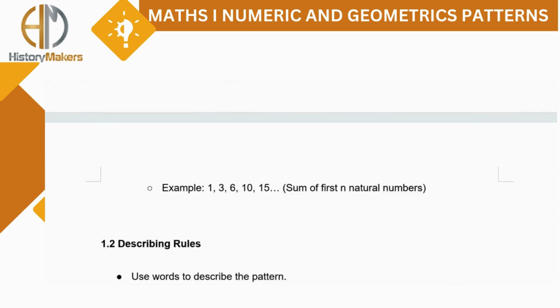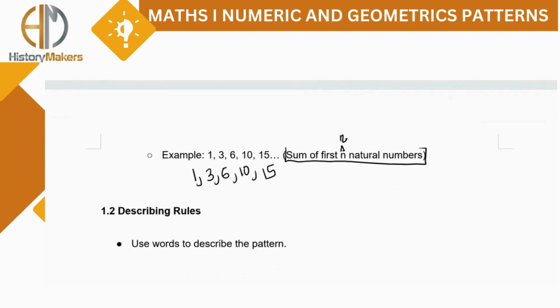For example, we have 1, 3, 6, 10, and 15. So here they found this by finding the sum of the first n natural numbers. We will do more examples of it for a clear understanding.